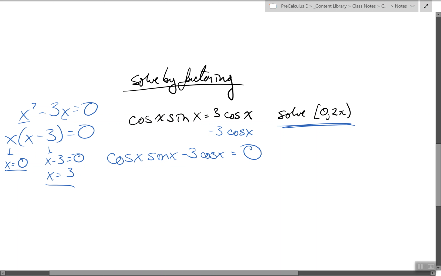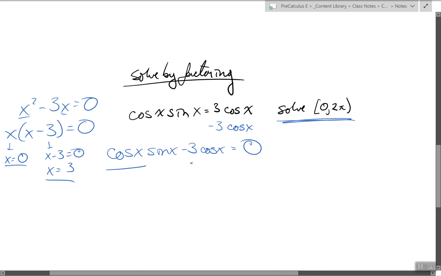We're going to do the exact same process here with these trig functions. So cosine is the common term. That is what we're going to factor out. So we pull the cosine in front, and then inside the parenthesis goes the sine and the negative 3. So we have pulled out the common term cosine.